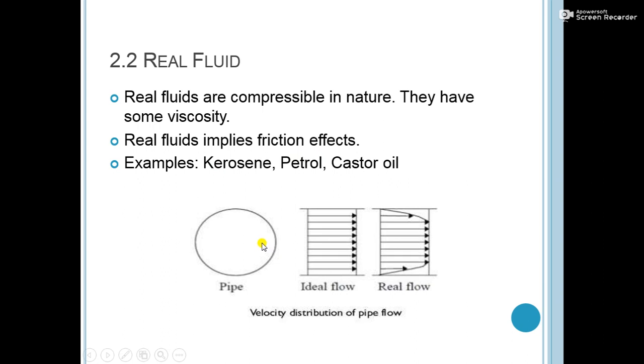Flow diagram of two different fluids can easily be understood by the figure. The figure shows velocity distribution of fluid through pipes. In ideal fluid, there is no friction, but in real fluid, at the wall there is friction and velocity becomes zero.